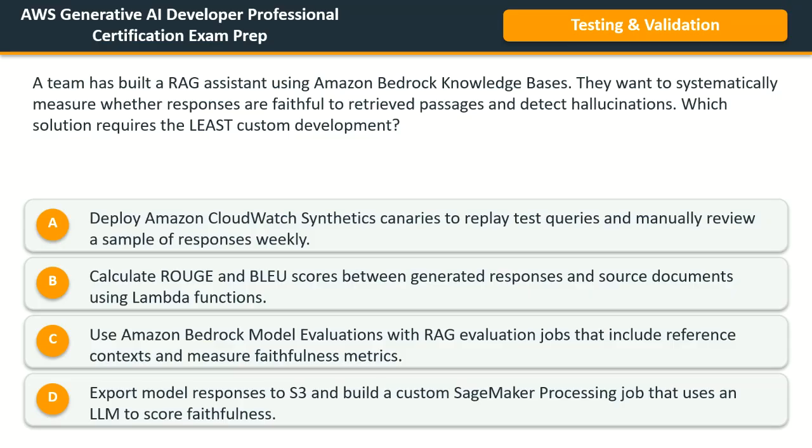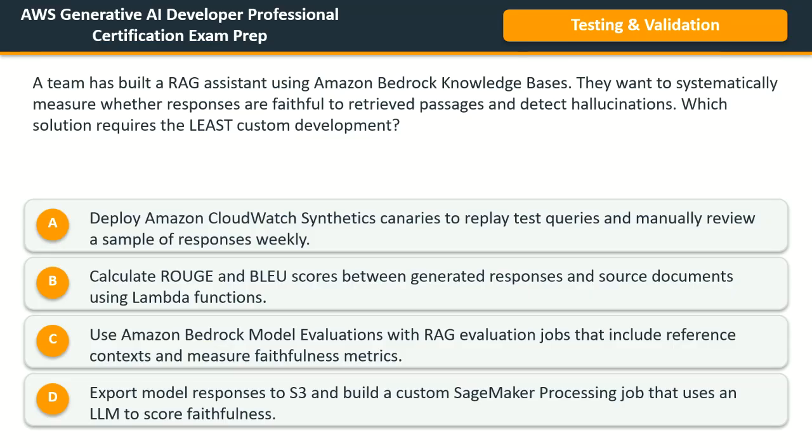You give it your prompts, retrieved context, and model responses. And Bedrock handles the evaluation using an LLM-as-judge approach. No Lambda glue code, no SageMaker jobs, no manual review. That's why C is the correct answer.